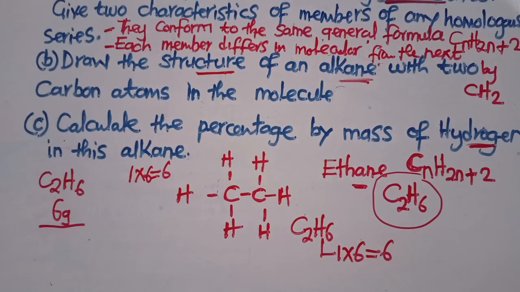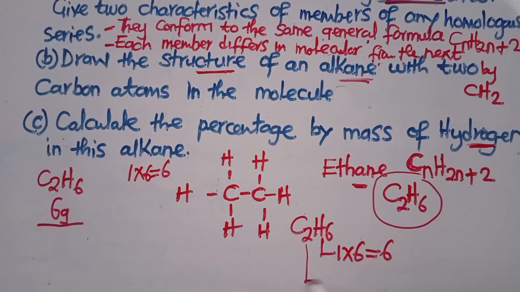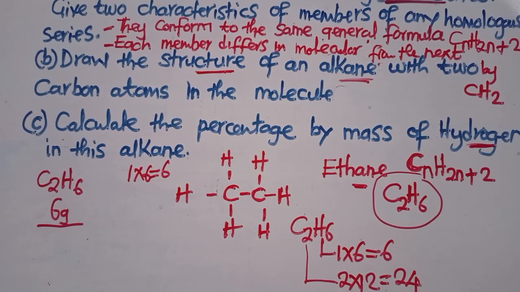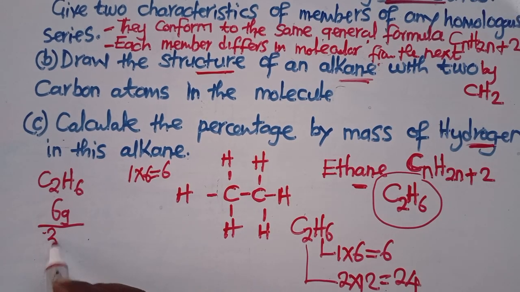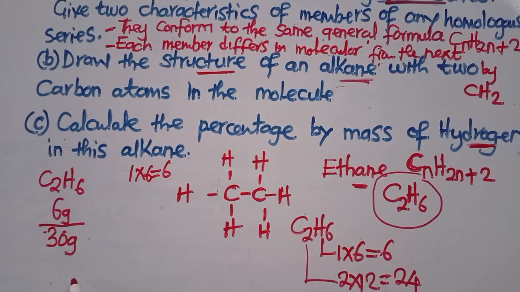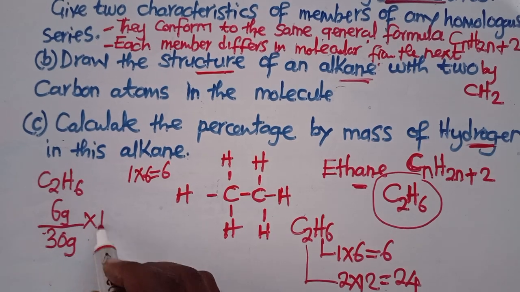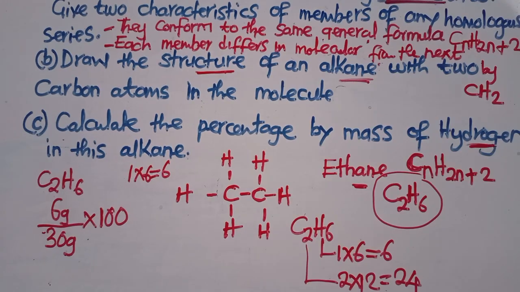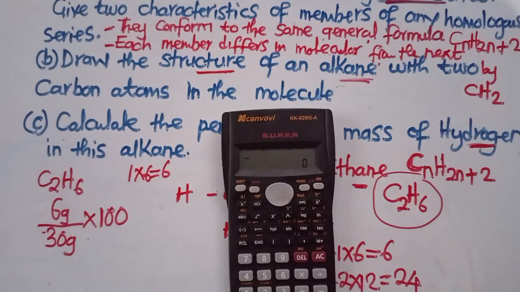Then we go to the next one: 2 times 12, which is 24. When we add here, we get 30. Since we want to find the percentage, we multiply by 100. You get your calculator and say 6 divided by 30 equals, then times 100.